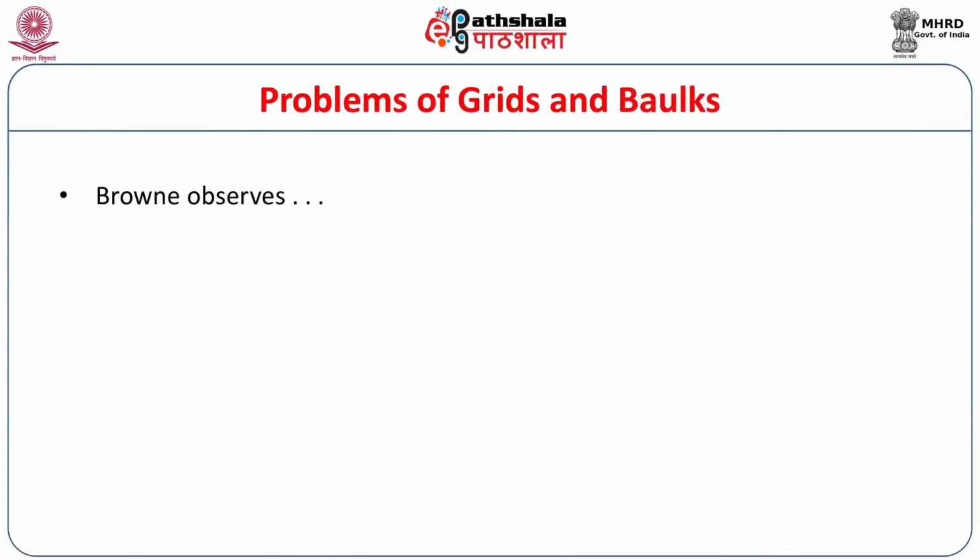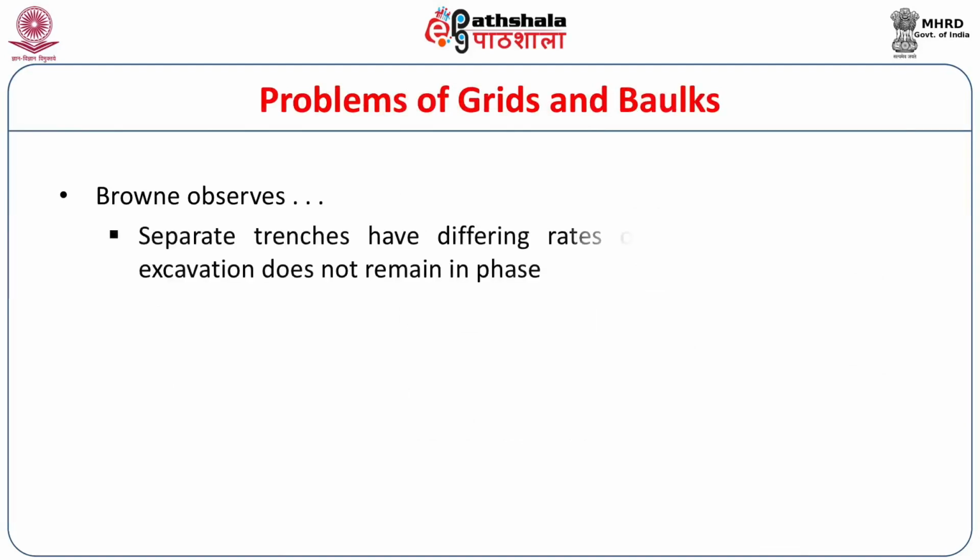Several scholars have discussed this, and Brown observes that separate trenches have differing rates of progress so that the excavation does not remain in phase. He says that if you are excavating a large area, there are different trenches and different people excavating, progressing at different speeds, so we cannot observe them at the same time.